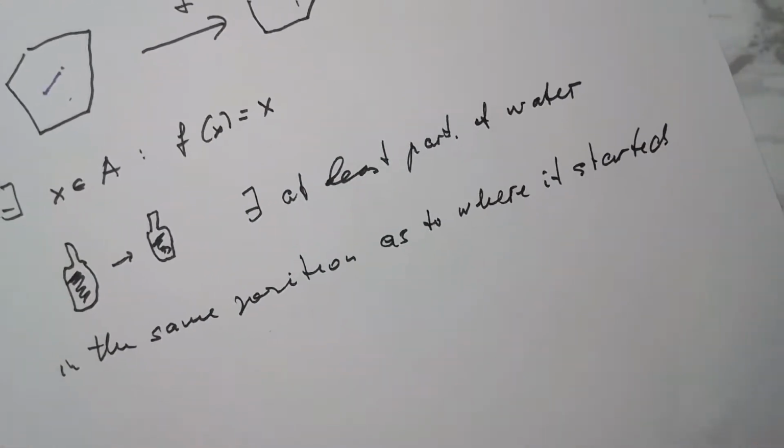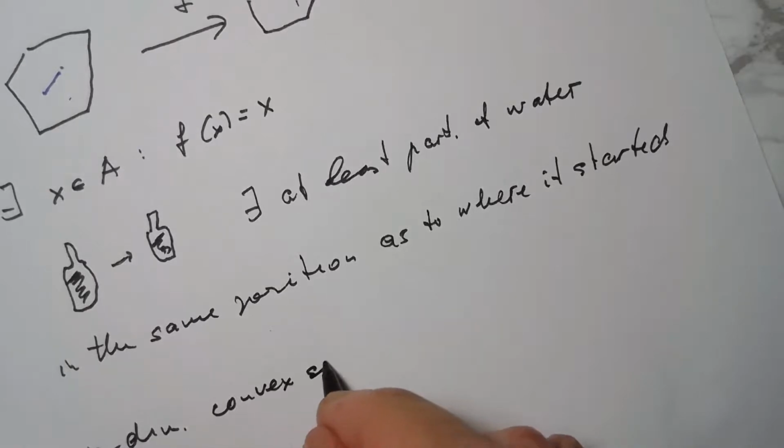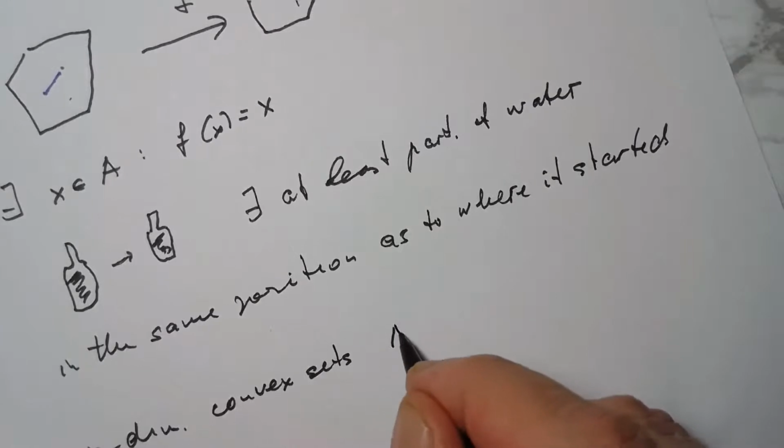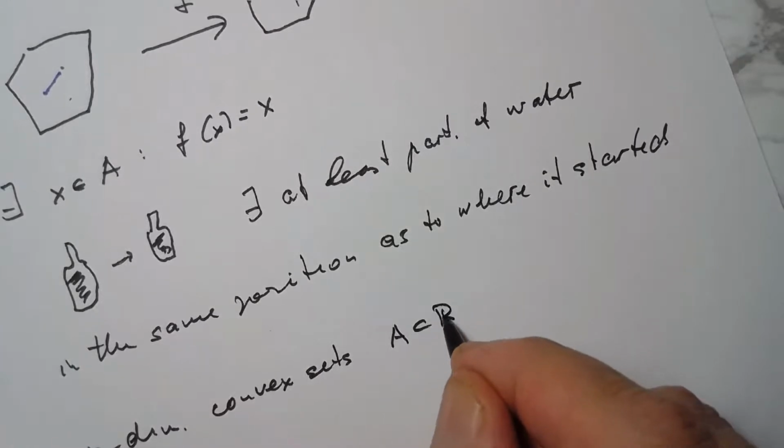Well, the same theorem is true not only for two-dimensional things, but for n-dimensional convex sets A in Rn.